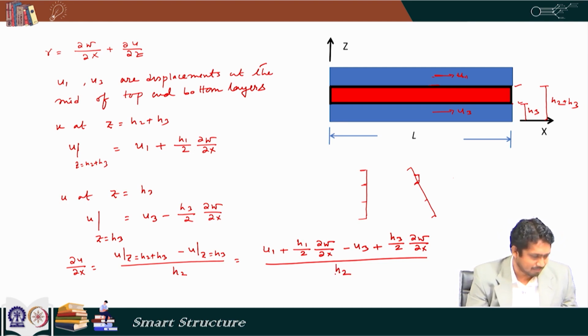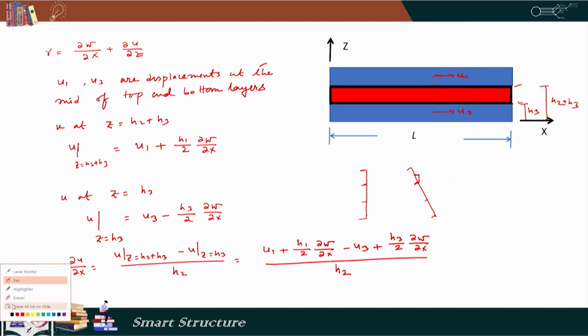Now, we can put this. So, this is del u by del z, not del x. If we put this del u by del z here, that gives me gamma.